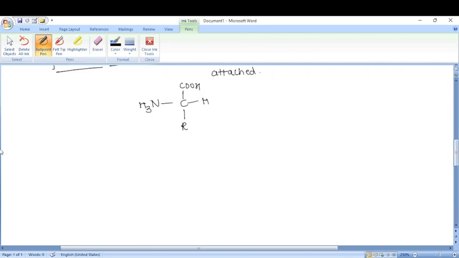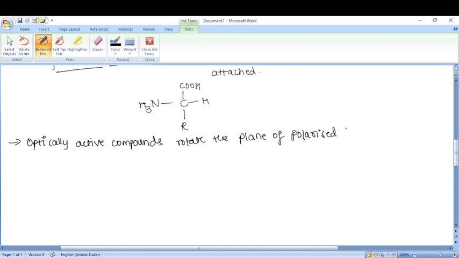Next one, optically active compounds rotate the plane of polarized light in both clockwise direction and also in counterclockwise or anti-clockwise direction.